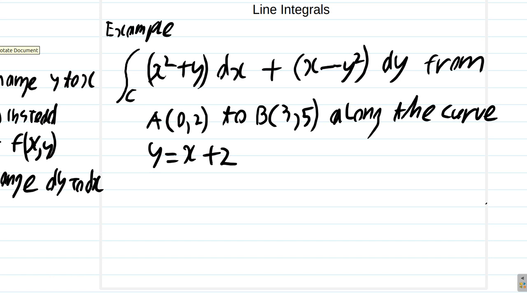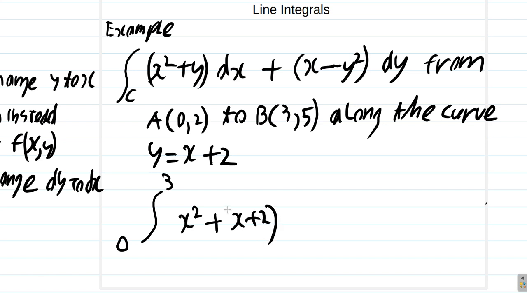Now, here we have the integral from x equals 0 to x equals 3, so it's from 0 to 3, of x squared plus y, but y is x plus 2 and I don't want any y mixed up with the x, so it's plus x plus 2 dx.